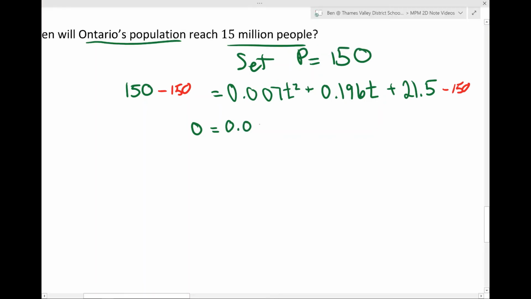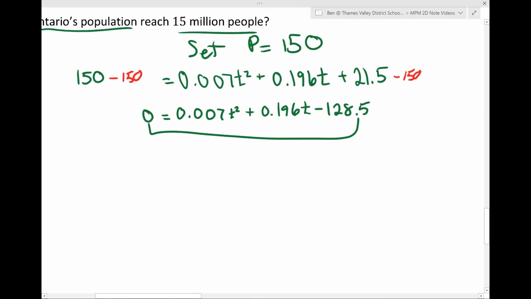Our right-hand side, 0.007 t squared plus 0.196 t plus 21.5 minus 150. So that's minus 128.5. Fantastic. Now we have standard form. This is a quadratic equation.